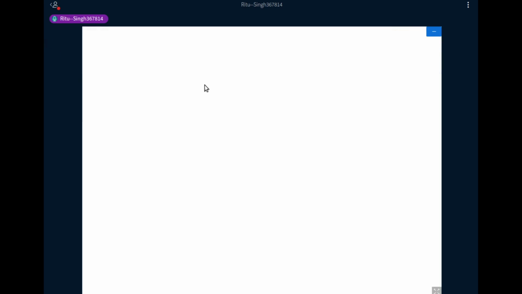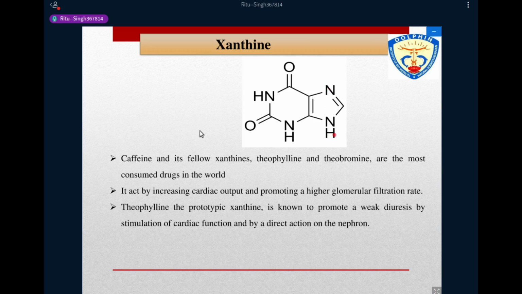Now we discuss the first category, that is xanthine. Xanthine drugs are used as diuretics. In this category, this is the basic structure of xanthine. In the xanthine structure, for the structure of caffeine, we can place some numbering.